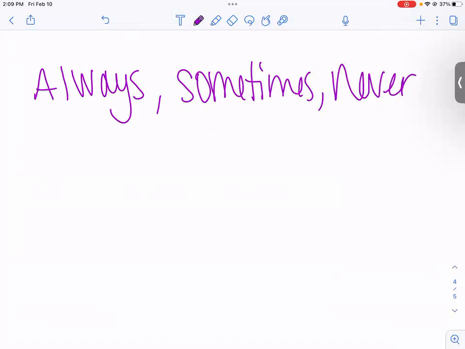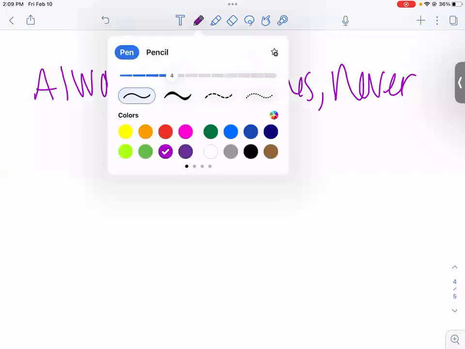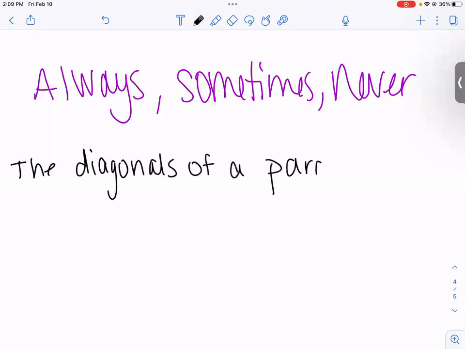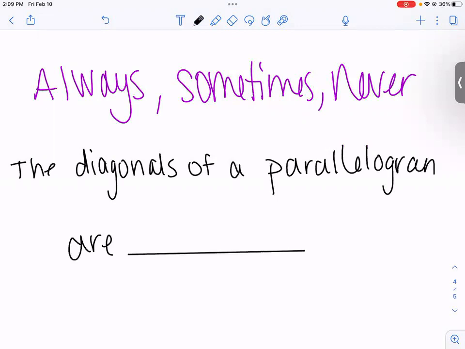It's going to be always, sometimes, or never. The diagonals of a parallelogram are blank equal, always, sometimes, or never.